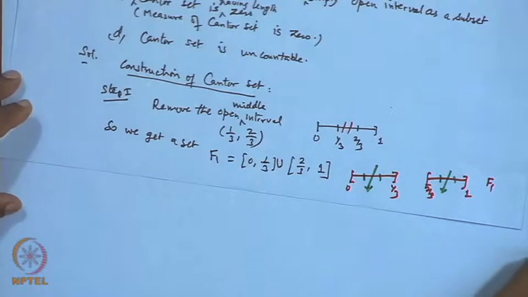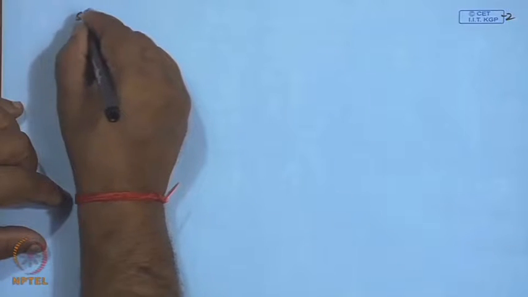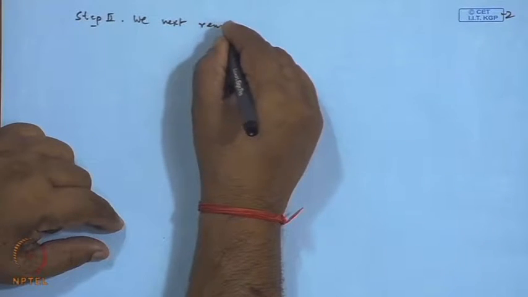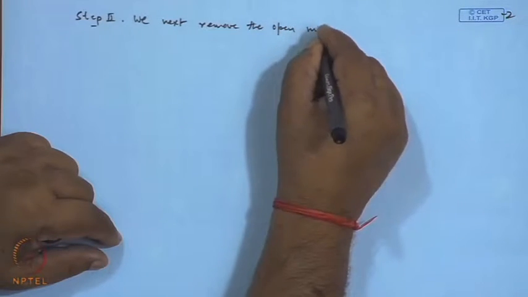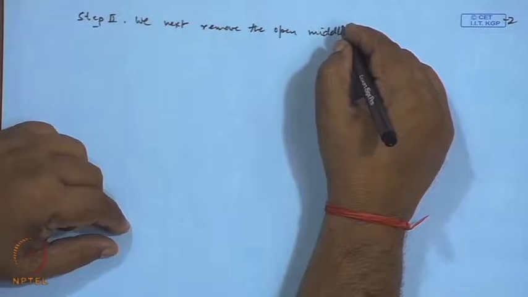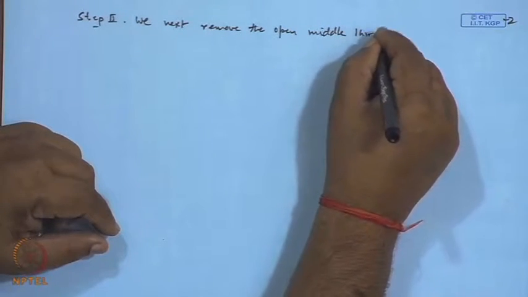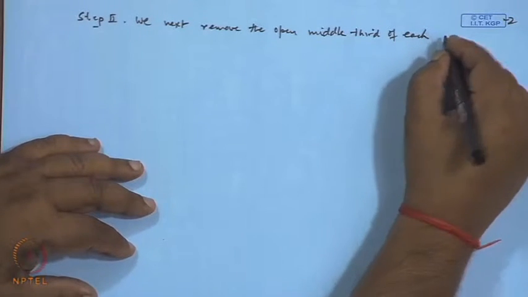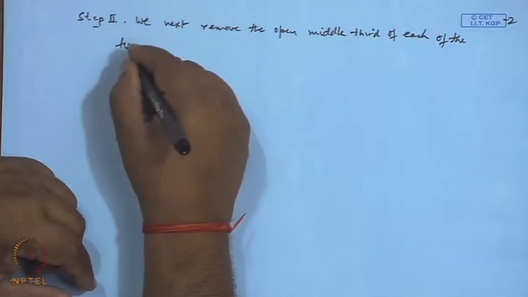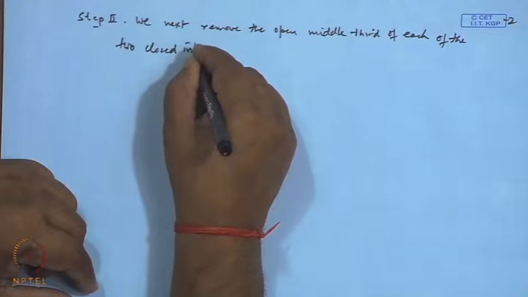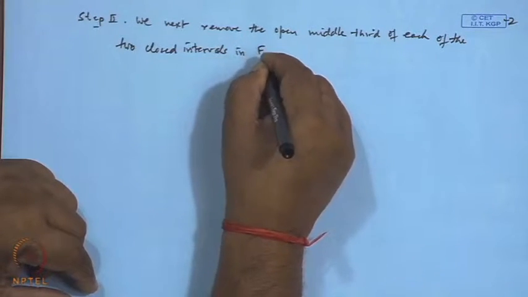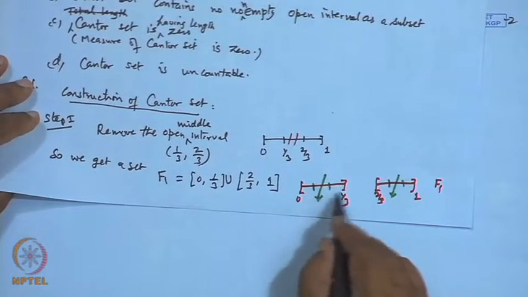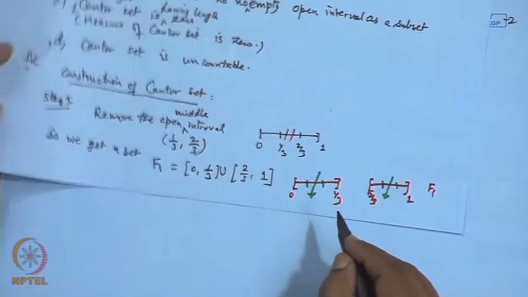So, in the second step, we remove the open middle third of each of the two closed intervals in F1. We divide these remaining intervals into 3 parts and remove the middle open interval.